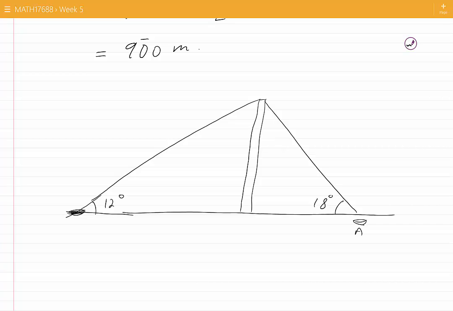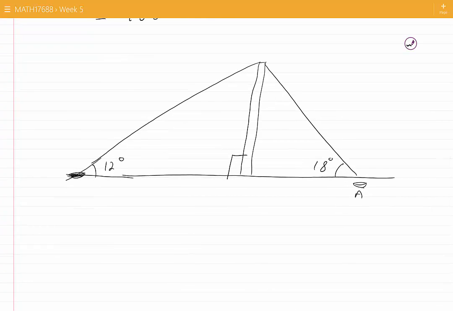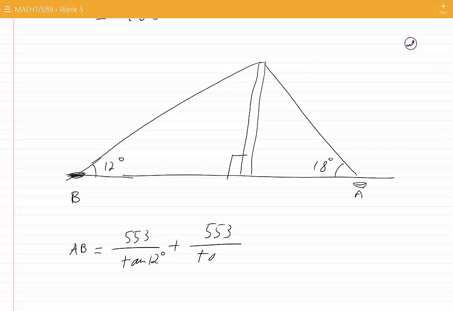In this case, we can show that actually the distance between the boats, again I showed them by A and B, would be 553 divided by tangent of 12 degrees plus 553 divided by tangent of 18 degrees.